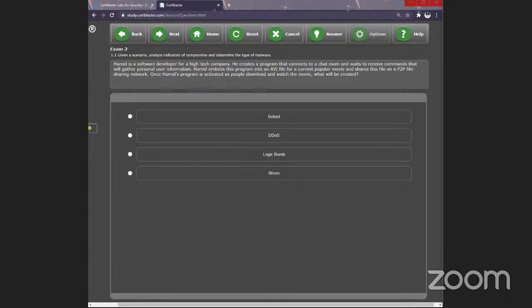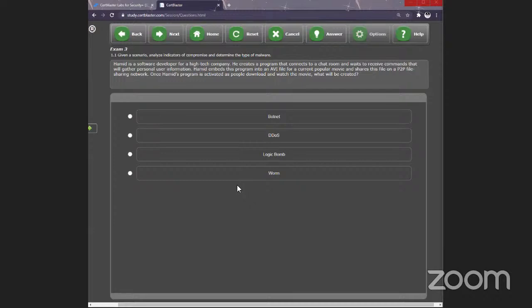I was looking at the chat box, and I see that a worm would just create a back door for people. A logic bomb is like people would just get a message saying, we about to turn up on December 15th.